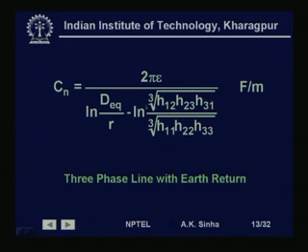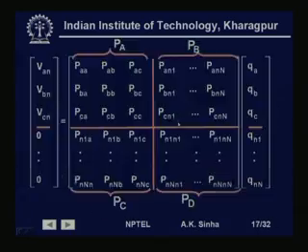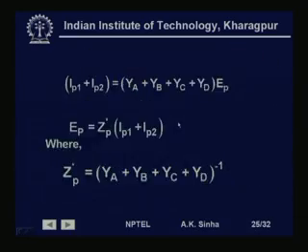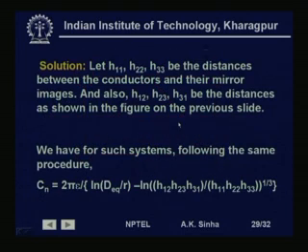This is given by this relationship. We write the same relationship here. So, we have Cn is equal to 2 pi epsilon divided by ln(dEq/r) minus ln of the cube root of H12 H23 H31 divided by H11 H22 H33.